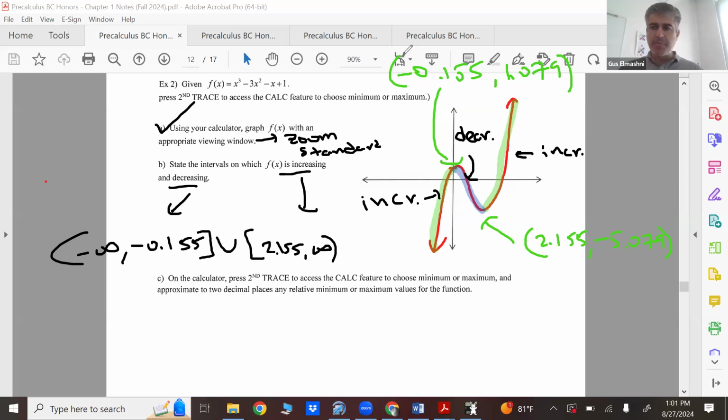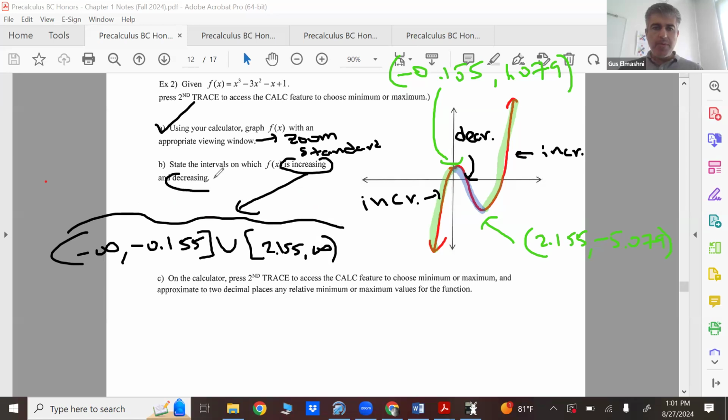That's confusing. My apologies. Let me erase that arrow. Okay, where are we decreasing? Between those two numbers, right? Correct. You got it.